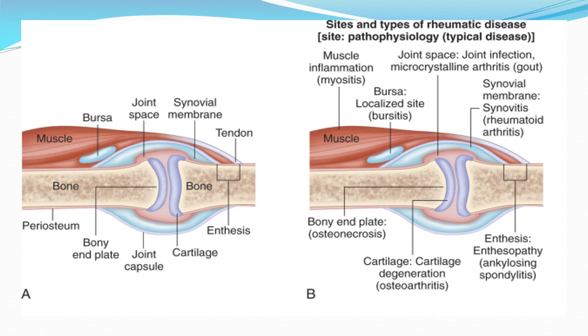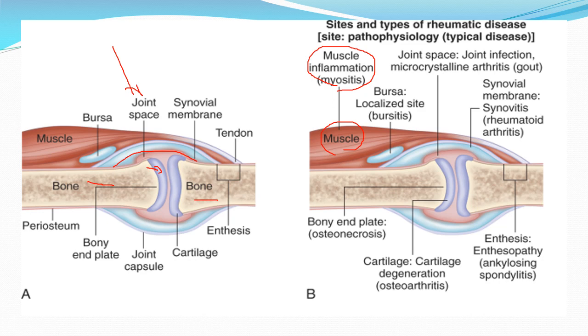This is a very nice diagram which represents the normal anatomy of the synovial joint. This is the bone, and each bone is covered by articular cartilage, and it is lined by synovial membrane filled with synovial fluid. According to the site of inflammation in the different parts of the synovial joint, we categorize the pathology and translate it into a disease. If the inflammation involves the muscle, we get myositis, and the prototype is polymyositis.